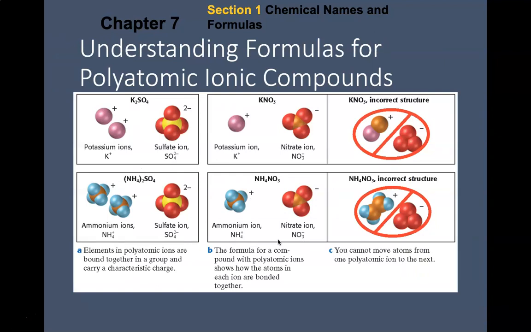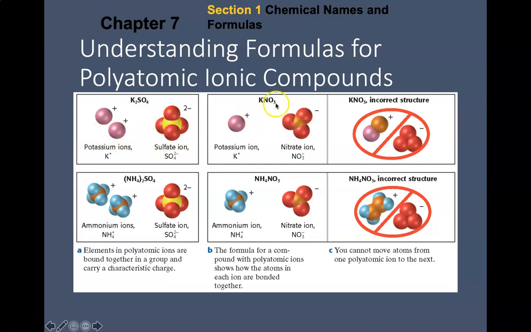So just to reiterate here, you're going to see them written in several different ways. You're going to see them written like this. What you need to remember is that the SO4 is its own particular part of this bigger molecule. And so when we break apart K2SO4, for instance, we break apart the potassium ions into individuals, but we leave the sulfate ion whole.